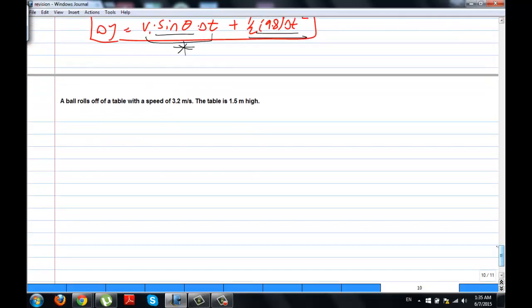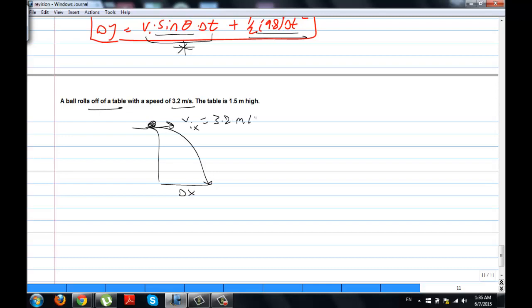This is an example. A ball rolls off a table with a speed of 3.2 meters per second. Rolls off a table, this means that this is a projectile launched horizontally, delta x. So this is a vix, which is 3.2 meters per second.